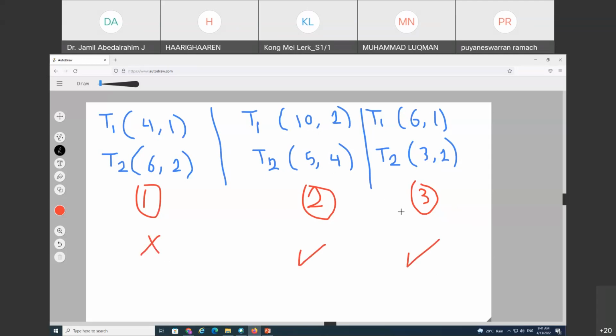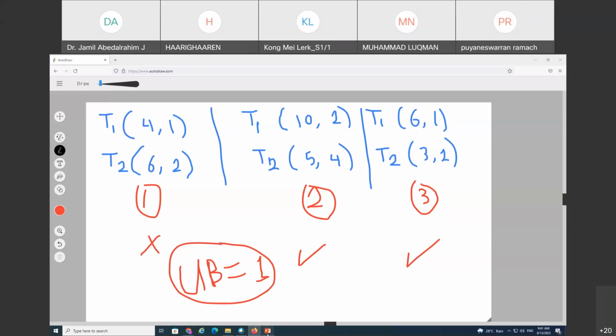In this case, if we find harmonic periods, the utilization bound will be equal to 1. As I explained just now, utilization bound equal to 1 is the EDF case.